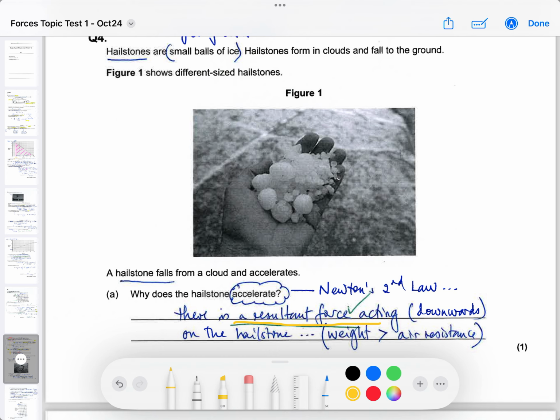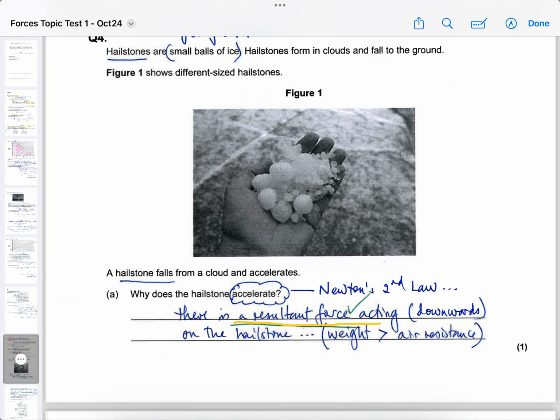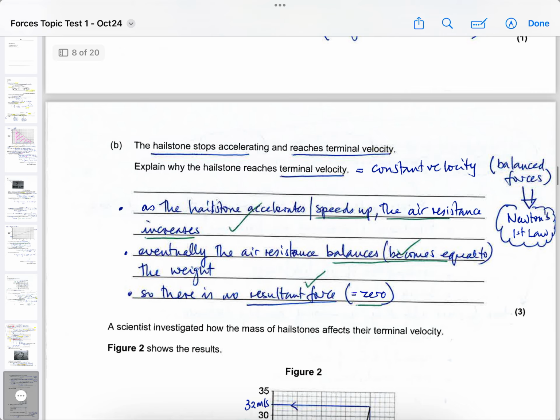When it first starts falling, there is no air resistance, because the air resistance is determined by the velocity. If there's no speed initially, it will be only weight pulling it down, and then gradually the air resistance will increase until the weight and the air resistance become equal, and then eventually it will stop accelerating if it's had enough distance to fall.